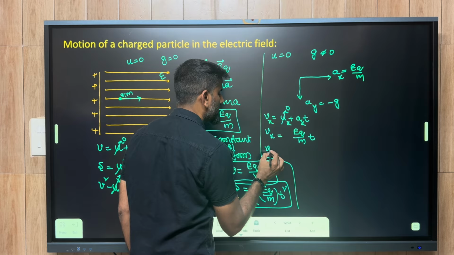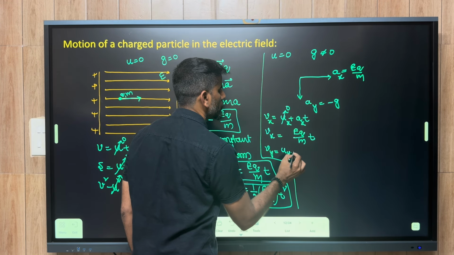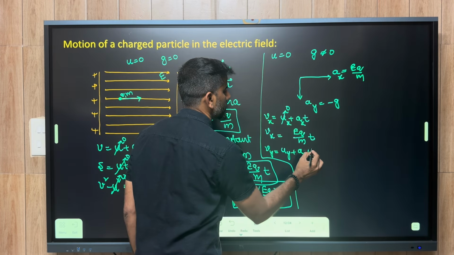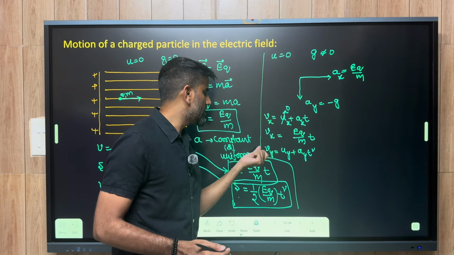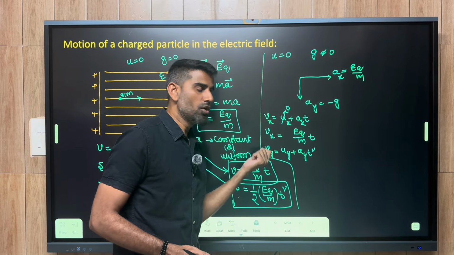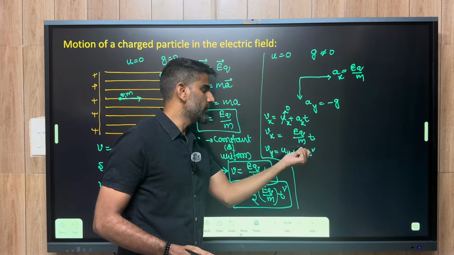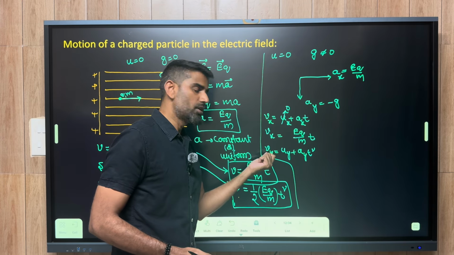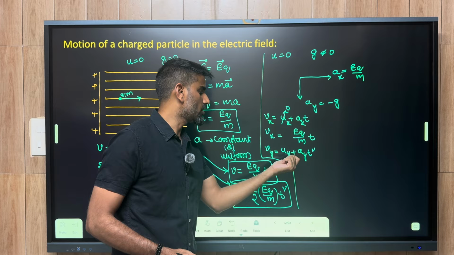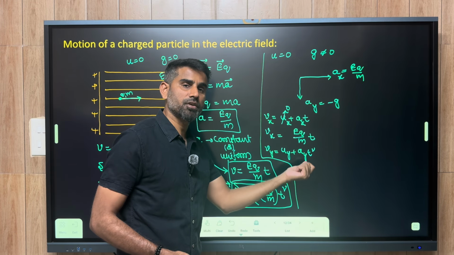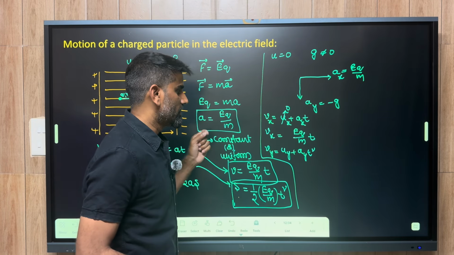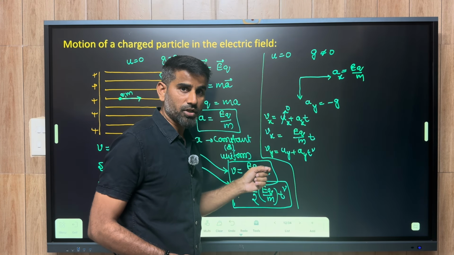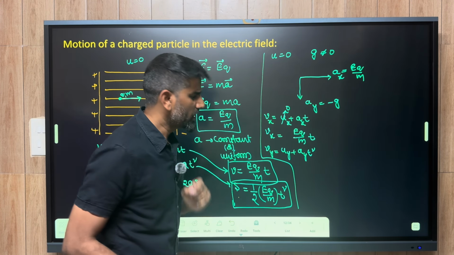Now coming to the y case, vy is equal to uy plus ay t. Here vy, uy, ay are not like v into y. It's v subscript y, u subscript y, a subscript y, which represents the y component of final velocity, the y component of initial velocity, and the y component of acceleration. Time has no components. It is a scalar quantity, which is always positive, which is always increasing.